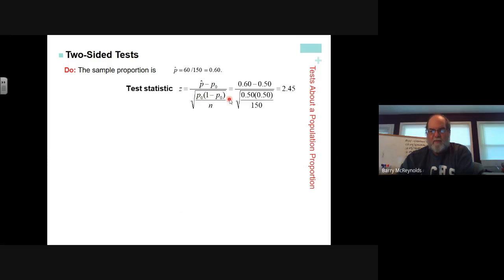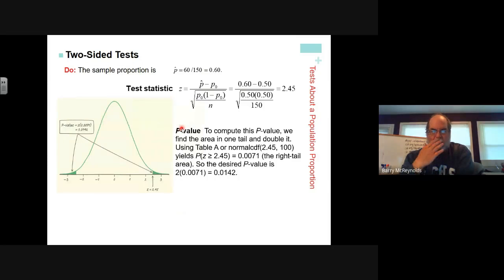In this case, it's 0.5. So we do the calculation and we come up with a test statistic of 2.45, which again, we know that's over 2 standard deviations away from the mean. So that's going to be pretty unlikely, but we need to just go through.